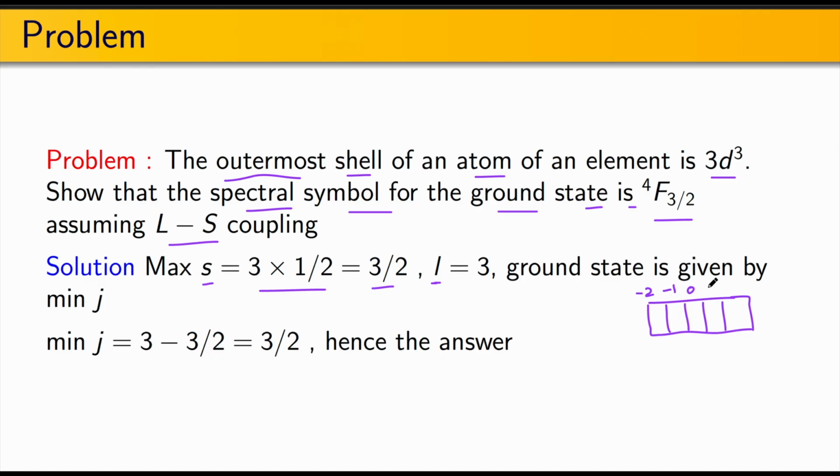This is 1. This is 2. So 3 electrons, you can have them like this. Okay, this is a possibility. So this corresponds to ml is equal to -3, or you can have something like this.